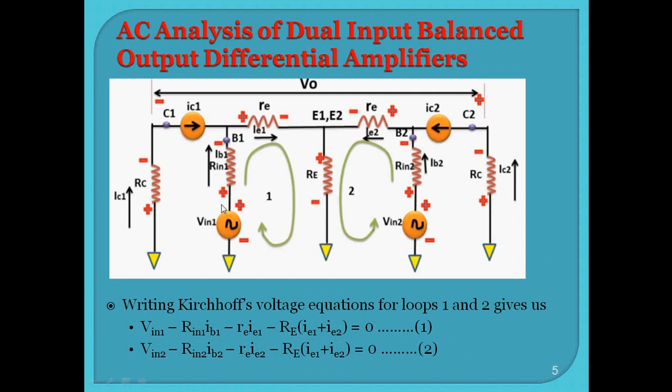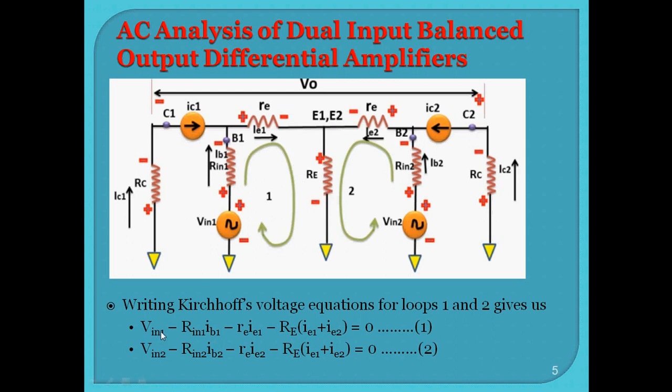With respect to the given polarities, we can write Vin1 minus Rin1 into Ib1 minus the voltage drop across this small resistor, re into current IE1, minus the current flowing through this capital resistor RE, which is IE1 plus IE2.